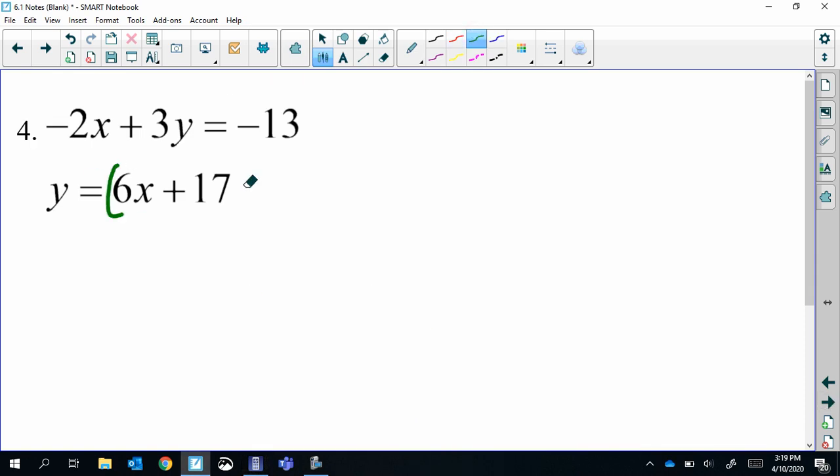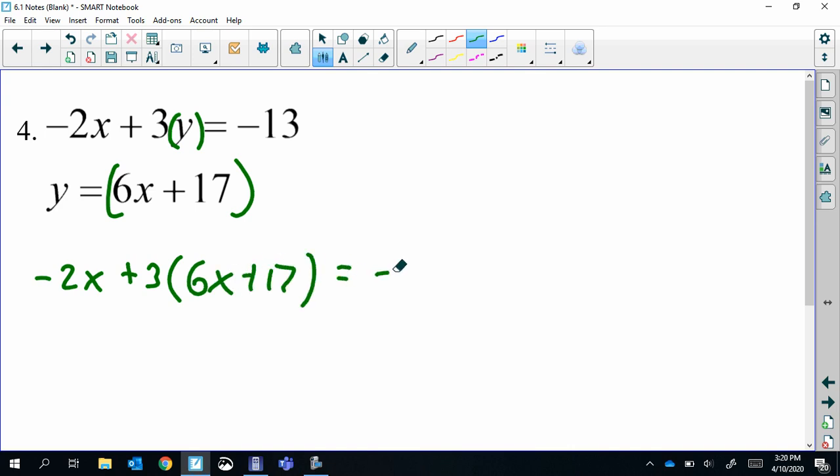All right, same idea, substitution, replace y with what it equals. And since there's a coefficient, we do have to distribute.